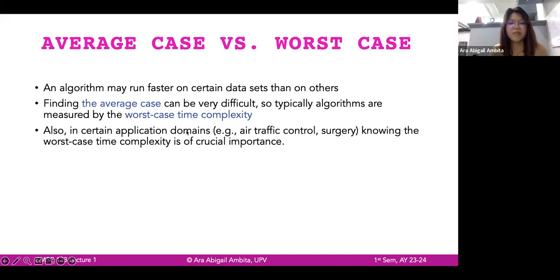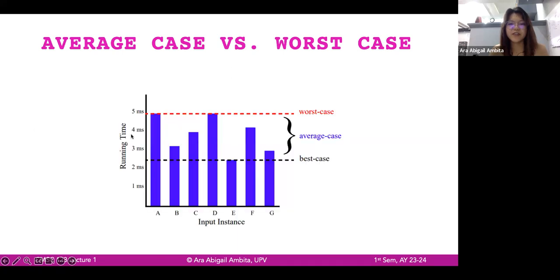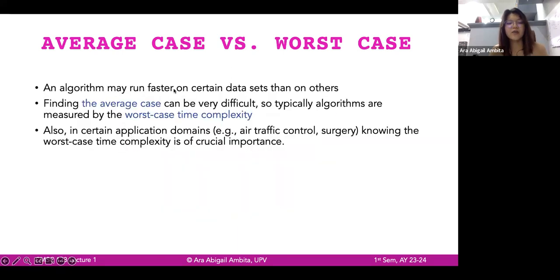So, what to use? Average case versus the worst case. As we know, an algorithm may run faster on certain data sets than on others, since we have discussed that the structure of the input also affects the running time. So we will try to find the average case, but it can be very difficult.